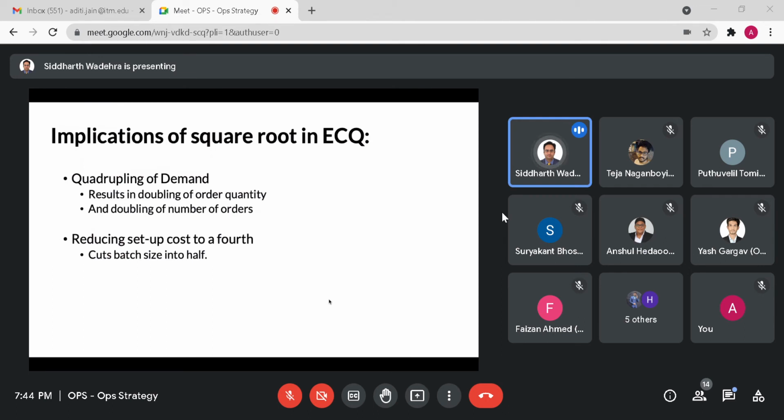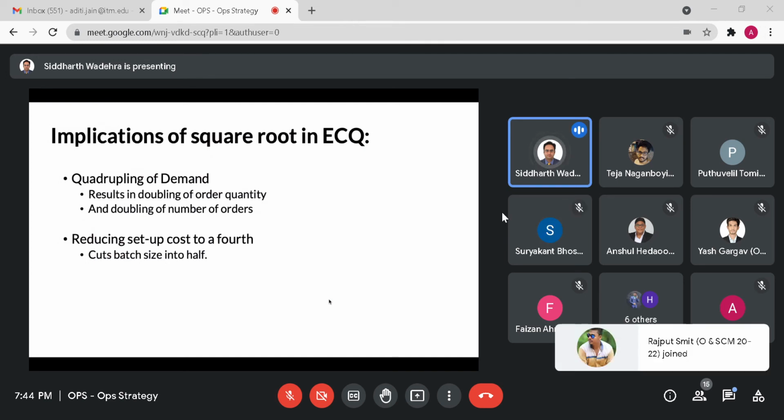If the demand quadruples, becoming 4 times what it is, it will result in doubling of order quantity, simply because the square root of 4 is 2. And that number of orders in the year would get doubled if the demand is quadrupled.